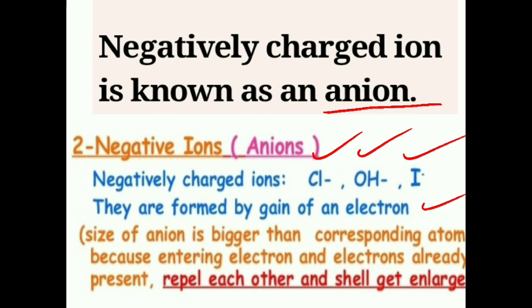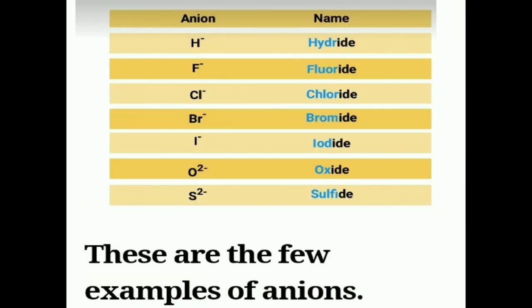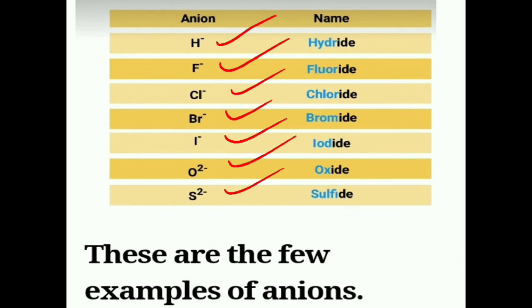But the size of an anion is bigger than the corresponding atom because the entering electron and the electrons already present in the atom repel each other and the shell gets enlarged. There are a few examples of anions. For example, hydride ion, fluoride ion, chloride ion, bromide ion, iodide ion, oxide ion, sulfide, and so on.